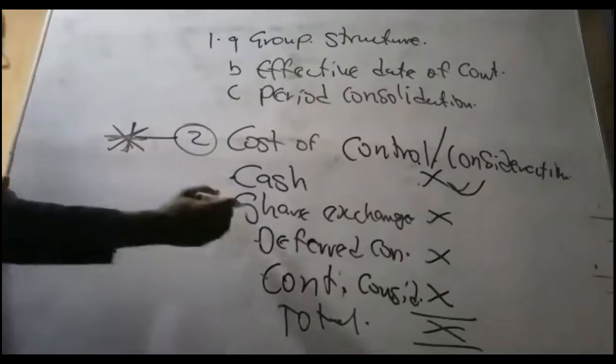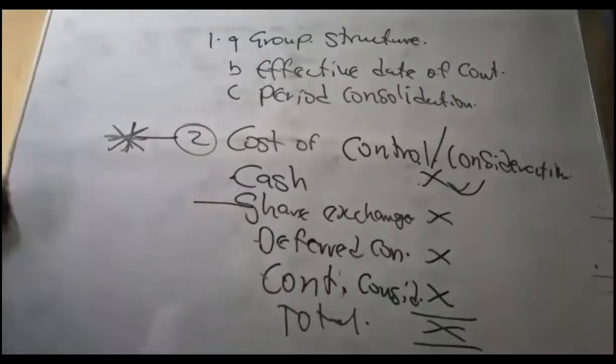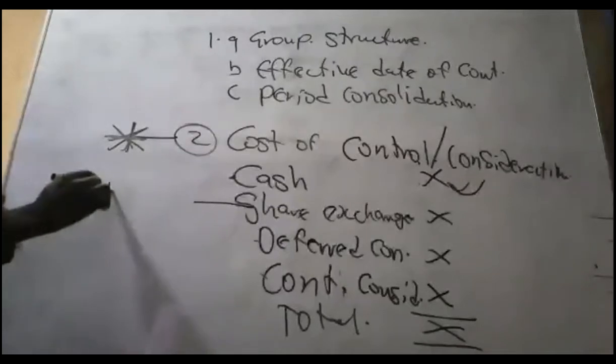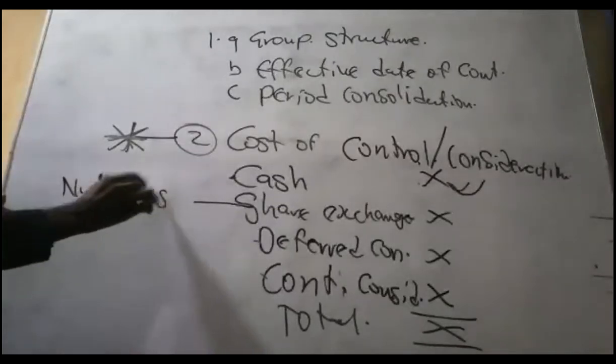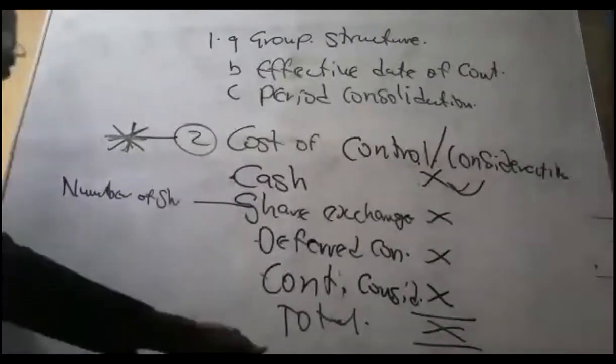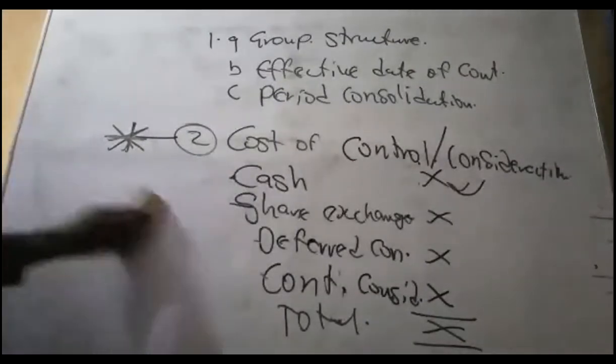To get a value, we just have to find the number of shares given out. So to get a value, just get the number of shares given out multiplied by the parent share price.